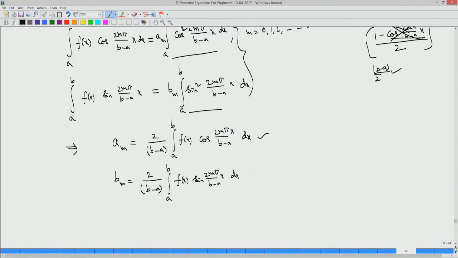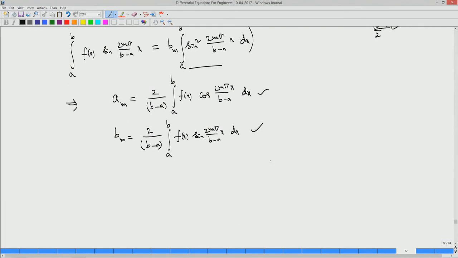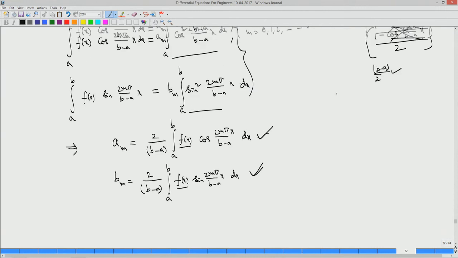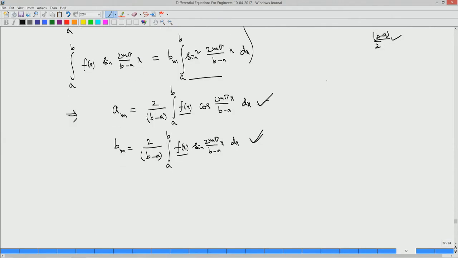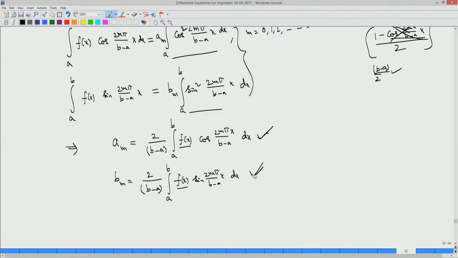So these are your Fourier coefficients. Given a time signal f(x), you can get these discrete frequencies with these amplitudes, and you can combine them. So these are actually your Fourier transform.